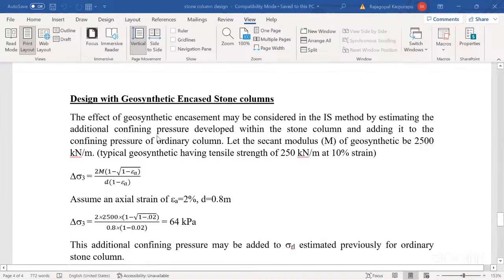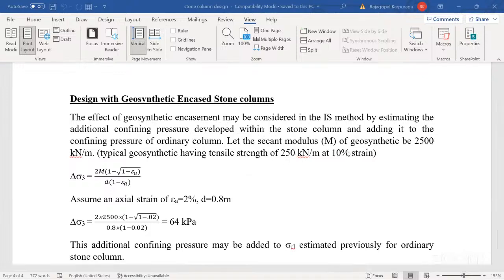Let's say now we provide a geogrid having a secant modulus of 2500 kilonewton. And this is a typical geosynthetic having a tensile strength of 250 kilonewton at 10% strain. Okay? And delta sigma 3 in terms of axial strain and the modulus is given like this.